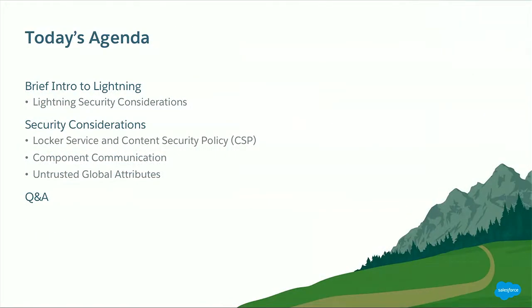And today's agenda: we did a brief intro to Lightning in the previous talk. We'll quickly go through that and go over the highlights. It won't be as extensive as before, but for those of you just joining us, you won't be left out. We'll go into more specific security considerations that we hinted at in the previous talk: Locker Service and Content Security Policy, and how that plays into your Aura components. And then there are a lot of people that say Locker Service doesn't allow us to do something, and we're going to talk about the solution using component communication.